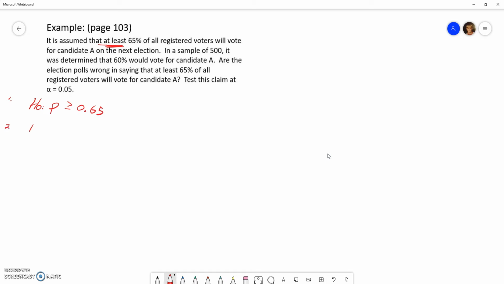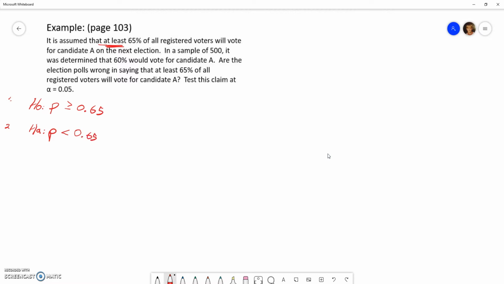Step 2 is to determine the alternate hypothesis. This question does not have both statements clearly stated in here, but we know that the null hypothesis is at least 65%. The alternate hypothesis is always opposite. So if you go back to the PowerPoint slides about the different formats, we'll know that if the question states at least 65%, greater than or equal to, the opposite sign is just less than 65% in this case.